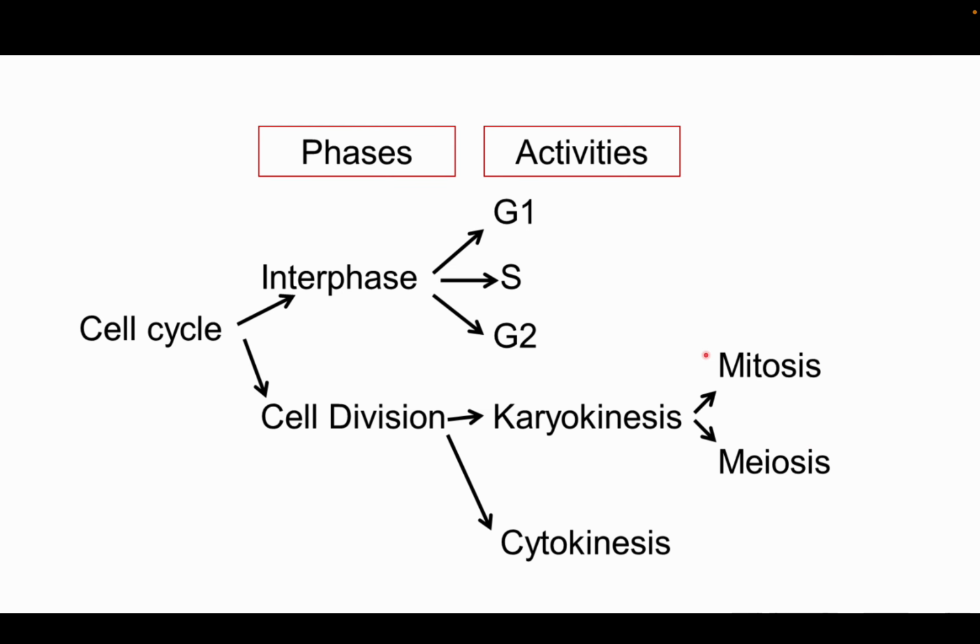The difference between them is that cells that undergo mitosis will produce daughter cells with the same number of chromosomes as the parent cell. On the other hand, in meiosis, the gametogenic cells, the daughter cells do not have the same number of chromosomes as their parent cell.